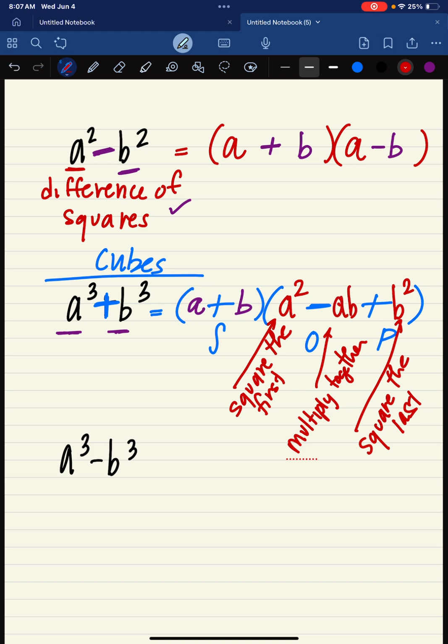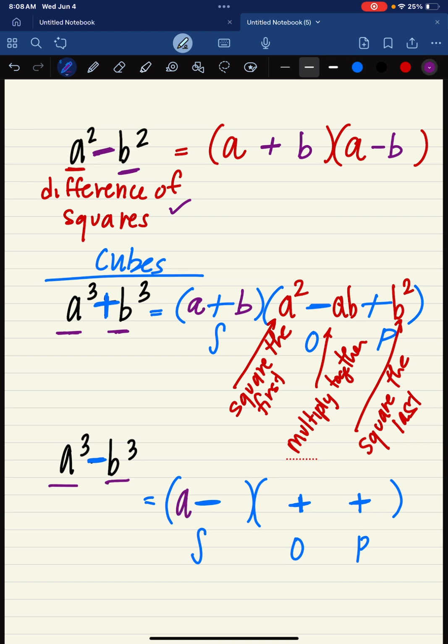Now it's going to work like this whether it is a minus or a plus. So let's look at this one. When I start this one, I'm going to say same, opposite, plus. So here's my sign right here. Here's the same sign. Here's the opposite sign. And here is plus. What cubed gives me a cubed?